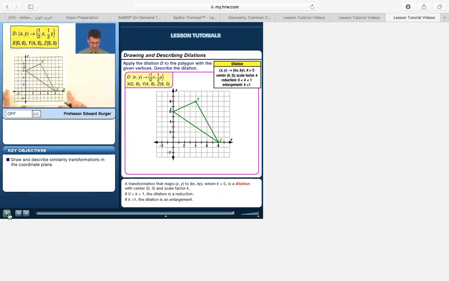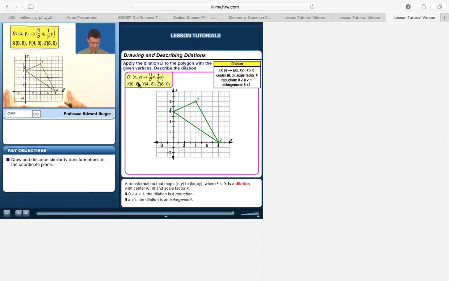So imagine, girls, that I'm going to multiply all the points x and y here by half. Of course, all the numbers that I will get will be smaller. 0 multiplied by half will be 0. 6 multiplied by half, in fractions, 6 over 1 multiplied by 1 over 2, is 6 over 2, which is 3.